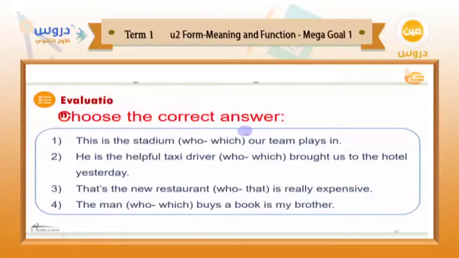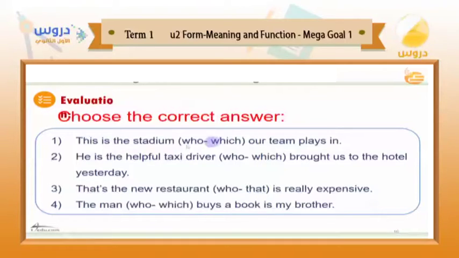Now choose the correct answer. Number one, this is the stadium which our team plays in. He is the helpful taxi driver which brought us to the hotel yesterday. And number three, that's the new restaurant that is really expensive. Number four, the man which buys a book is my brother.